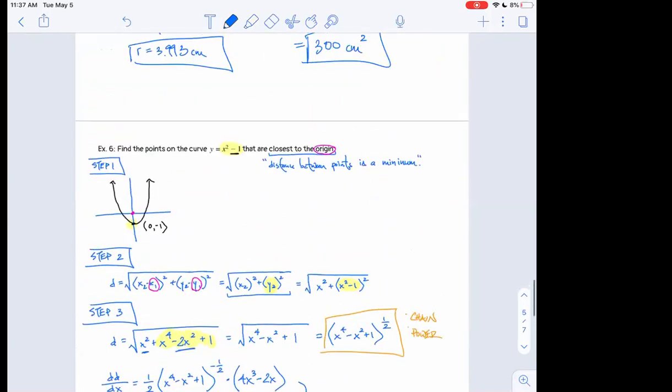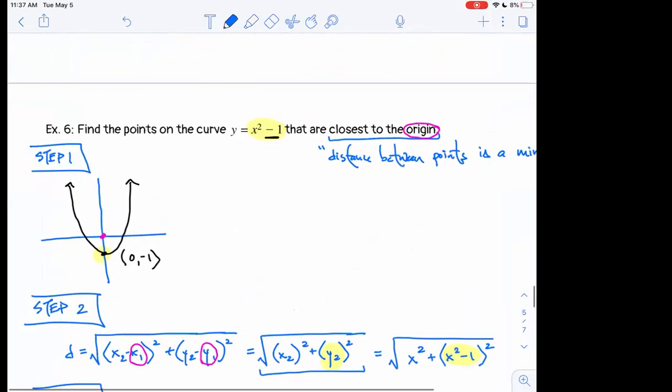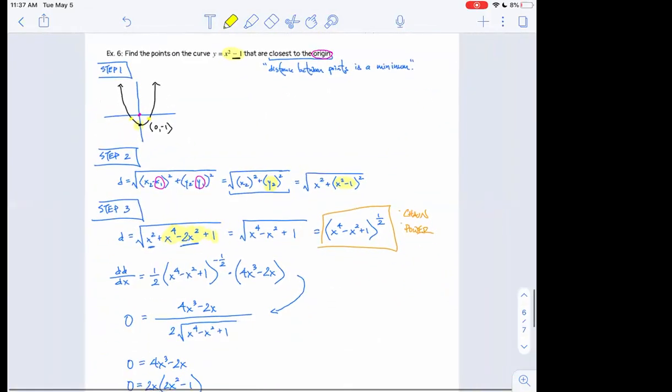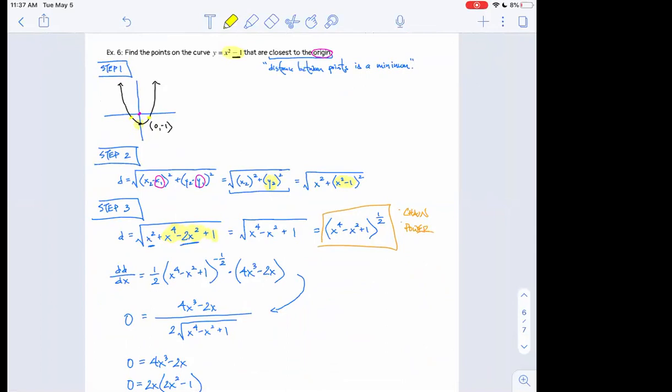So if I go back up to my graph, x values of positive and negative 0.7 would be like here and here. Okay. So those are going to be the ones that give us the minimum distance between the curve that we have and the origin.